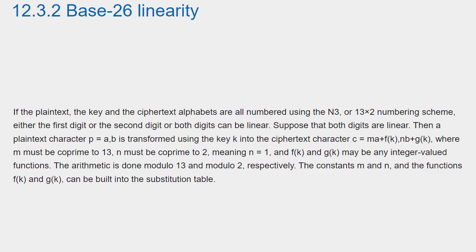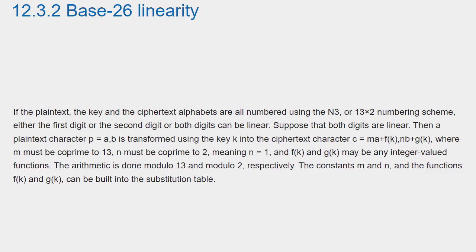If the plaintext, the key and the ciphertext alphabets are all numbered using the N3, or 13 times 2, numbering scheme, either the first digit or the second digit or both digits can be linear. Suppose that both digits are linear.